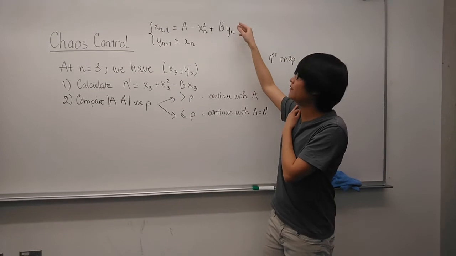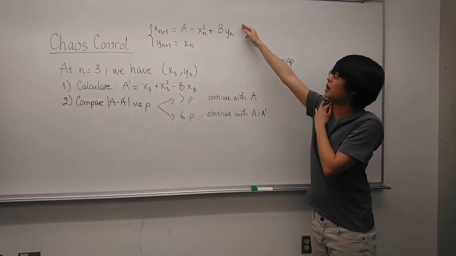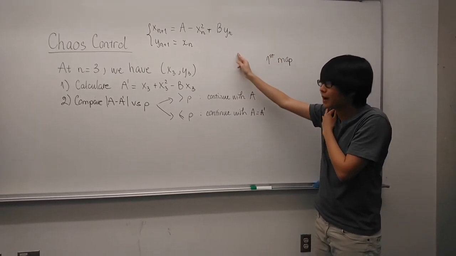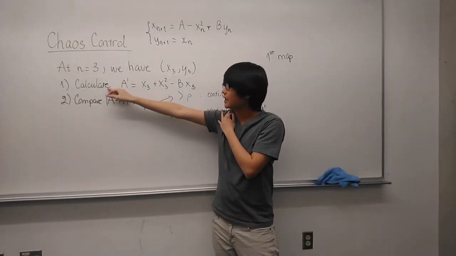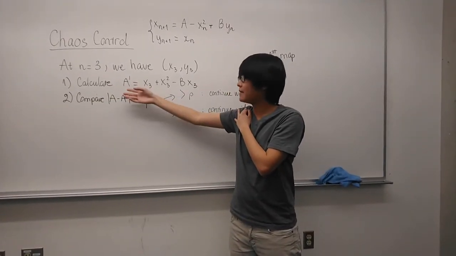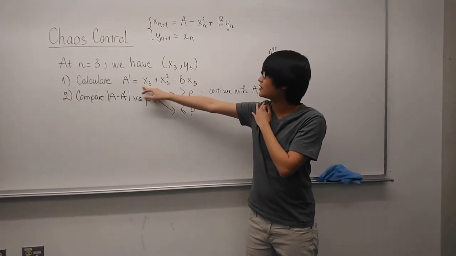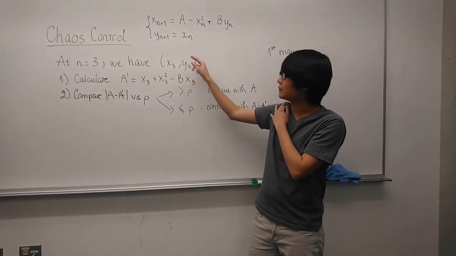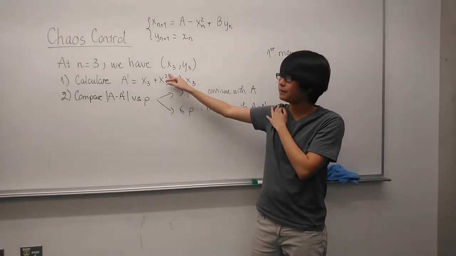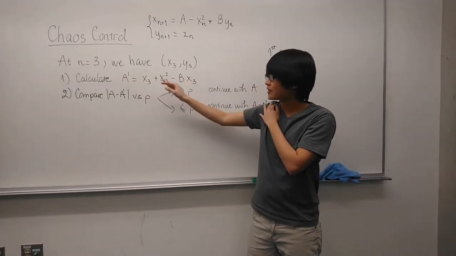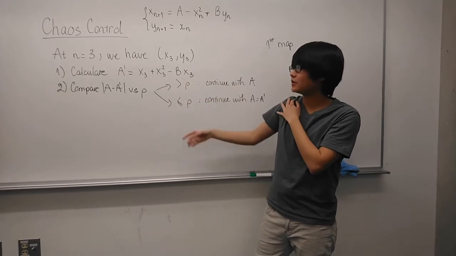Instead of proceeding to the next iterate using the original map, I calculate a value a prime, like a pseudo parameter, that has this particular formula that is solely in terms of x3. a prime is actually treating x3 as if it is a fixed point.